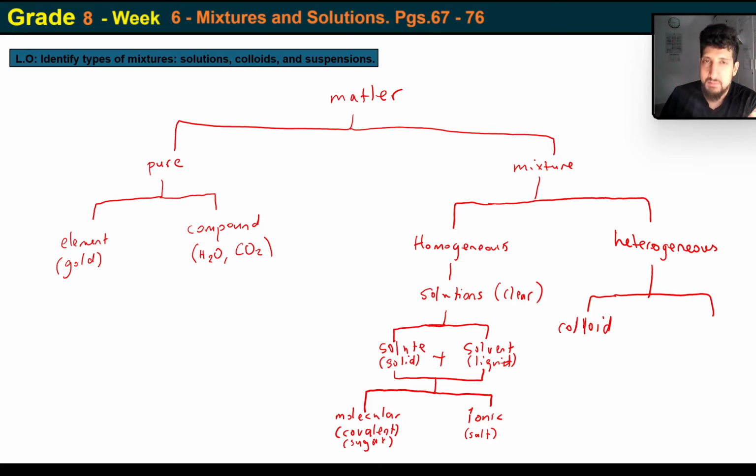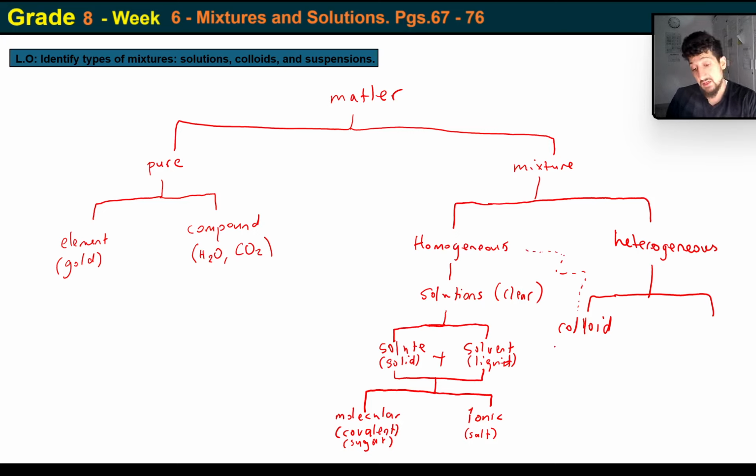So for example, skim milk is homogeneous. It's not heterogeneous, even though it is a colloid. So just because it says colloid and it's under heterogeneous, colloids can sort of be homogeneous as well. Okay, can sometimes. So that's why I've got that kind of faint dotted line there.